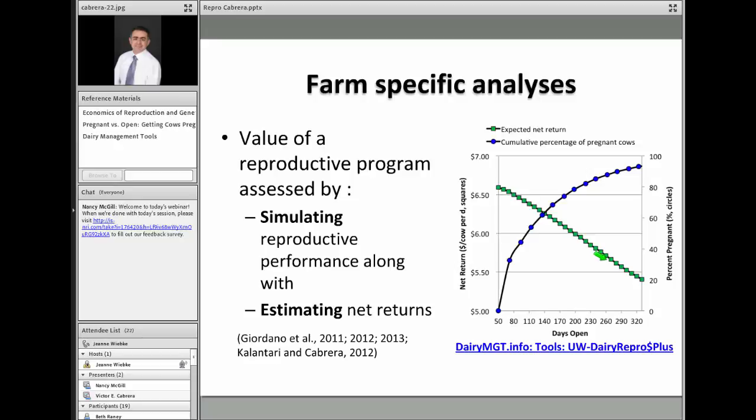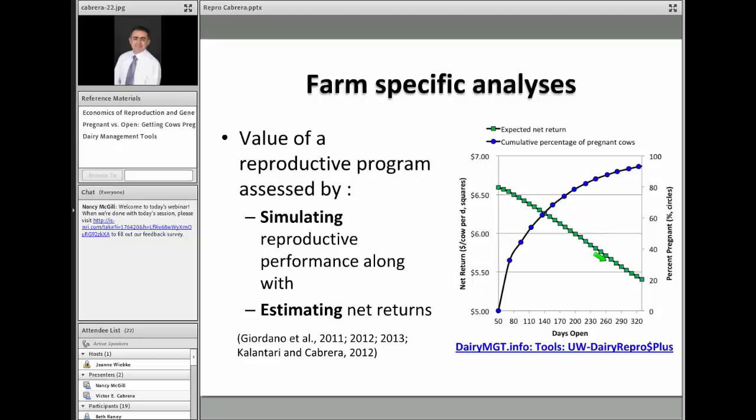For example, to help in the understanding, if we have a cow pregnant about here, let's say 120 days after calving, we would expect about, let's say, $6.40 per day during that lactation for that cow.